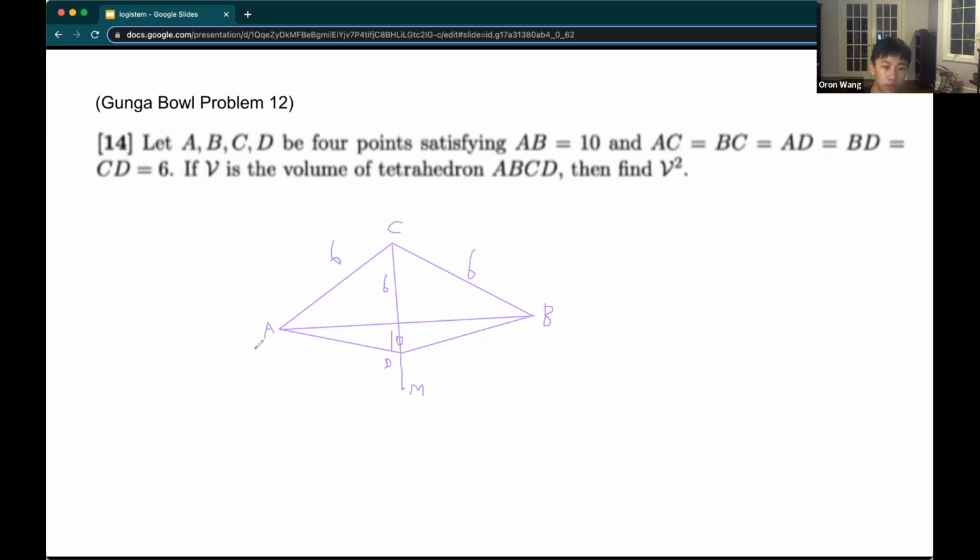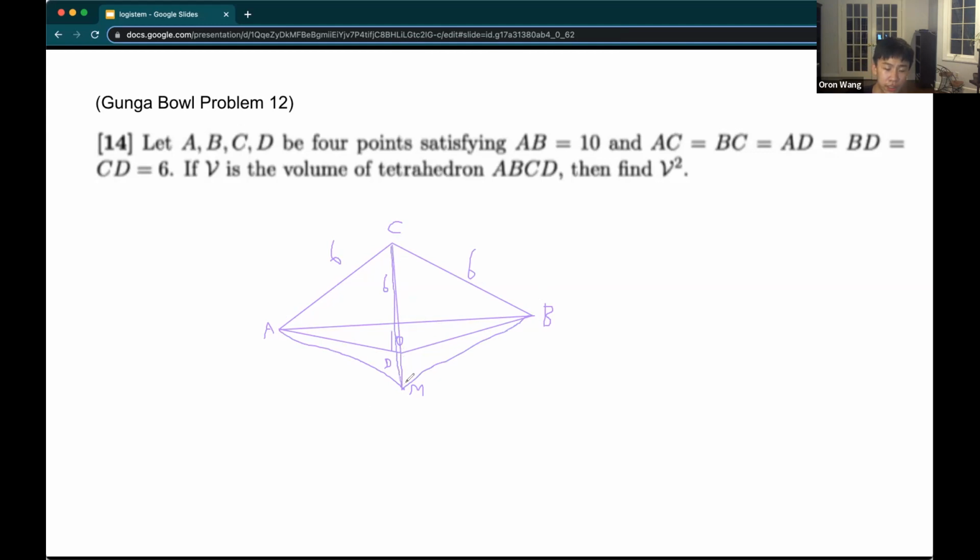So then we have that AD squared minus DM squared equals AM squared. BD squared minus DM squared equals BM squared. And CD squared minus DM squared equals CM squared.